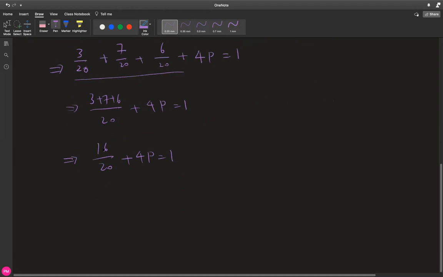And if you subtract 16 over 20 on both sides, we actually have 4P equals 1 minus 16 over 20. Wait, 1 is also not in the common denominator 20, but we also know that 1 is simply 20 over 20 minus 16 over 20.